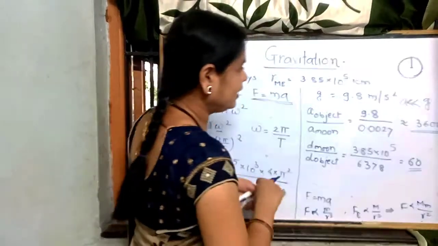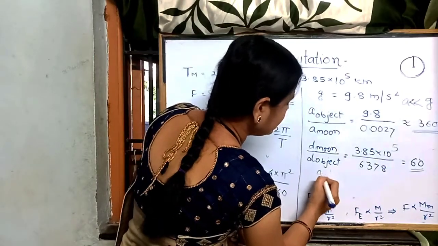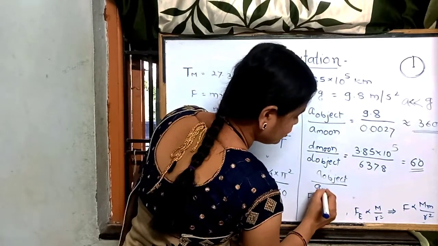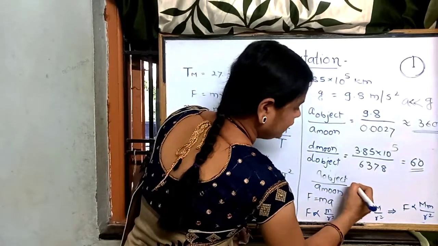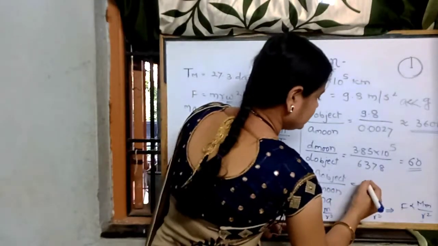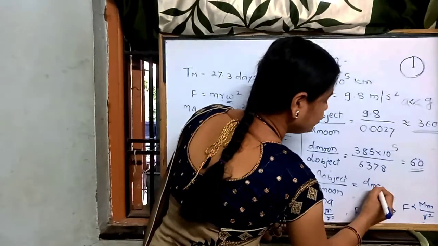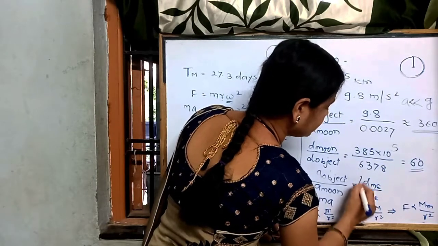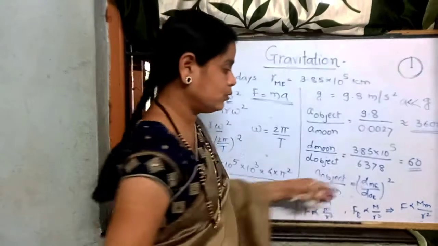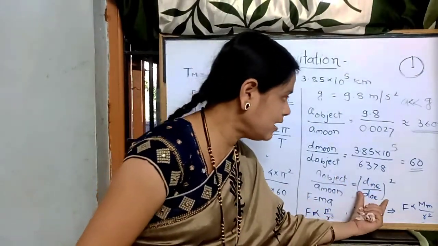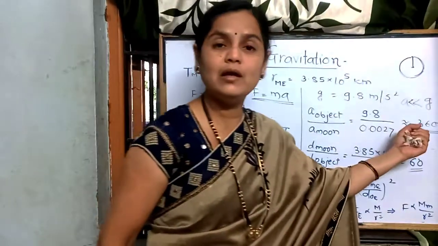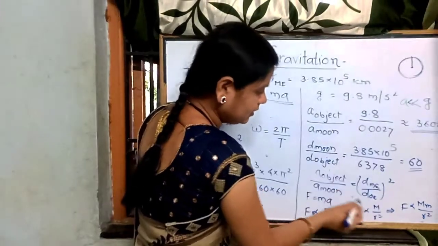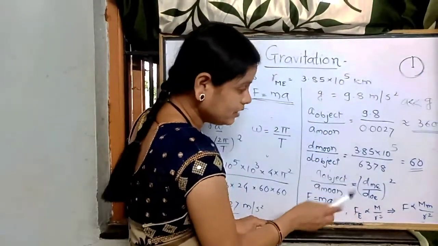It means that the acceleration of the object divided by the acceleration of the moon equals the square of the distance ratio, because this value is 60 and the acceleration ratio is 3600.